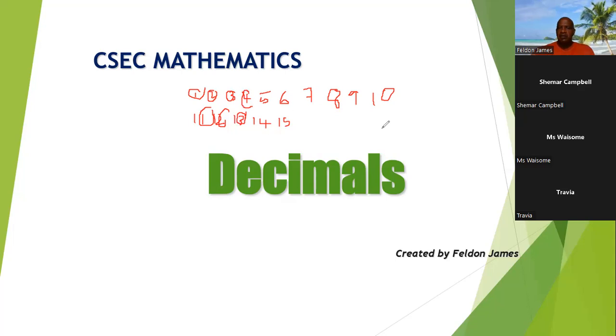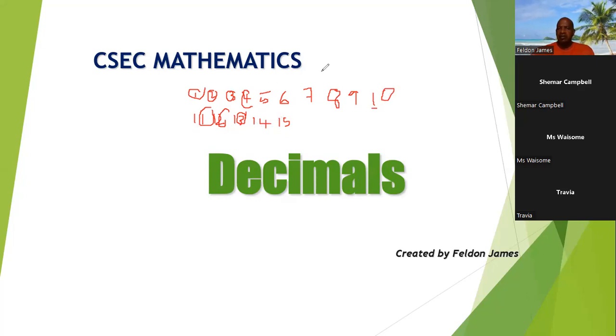So once we get to 10, we just put a place value for the 10th. So when we reach the 10th number, the place value now for 10 would be 1. So we count 1, 2, 3, 4, 5, 6, 7, 8, 9, 10. And the 1 now becomes the place value for the 10, and then we have 0.